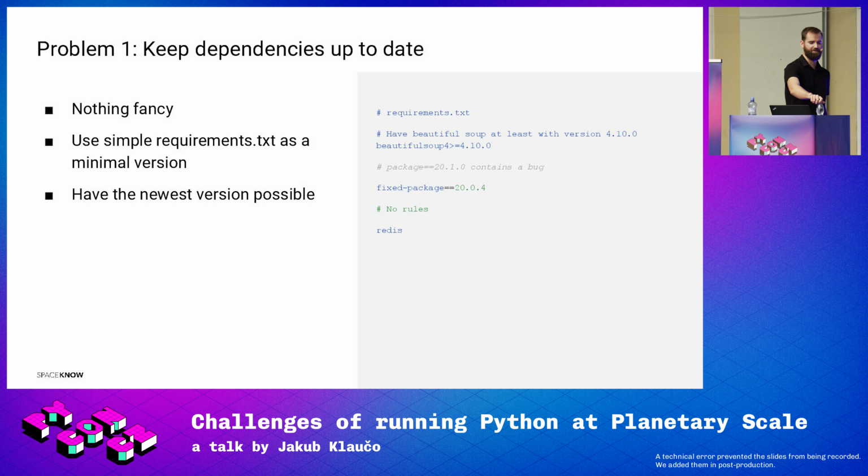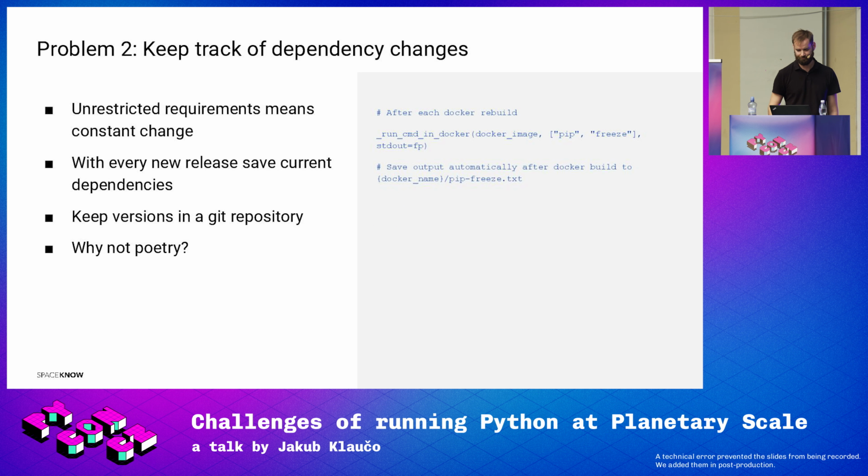So the first problem is very basic, and this is nothing new. We are not using anything fancy. However, this works pretty great, so we don't need any dependency management. When building our Docker, we just use a simple requirements.txt, which we keep in Git, and we try to keep most dependencies as up to date as possible and unrestricted.